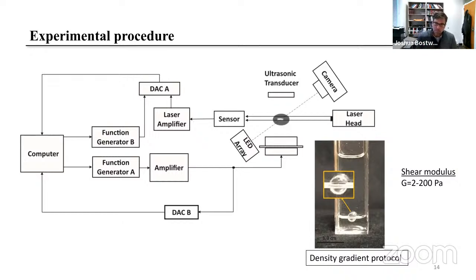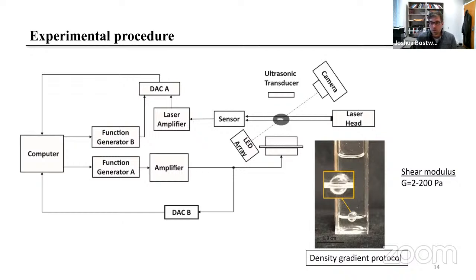Now, the second thing I want to point your attention to is the way in which we monitor the size of the oscillations. So once we have a drop levitated in the acoustic field, we pass a laser through that drop, and that laser impacts a sensor on the other side.